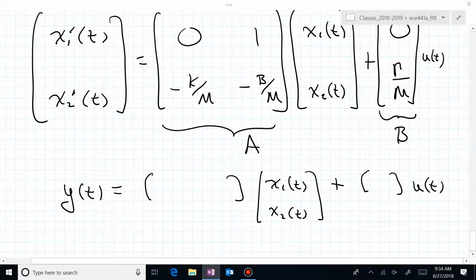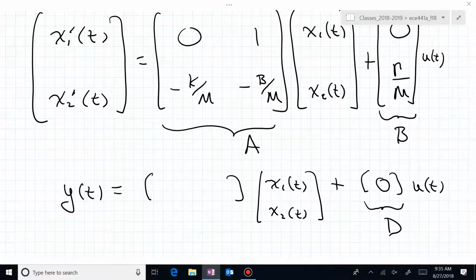If y is x sub 1, how do we create that from this collection of matrix vector products? Do we have u appearing in our output explicitly? No. So that gets a 0. There's our direct feed-through matrix, D. It's nothing. And now what do we want y to equal?